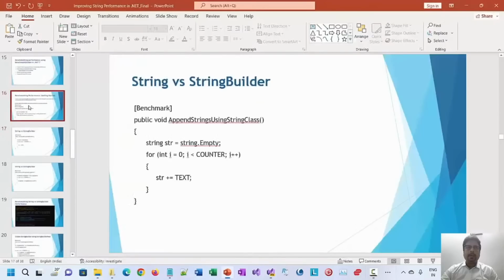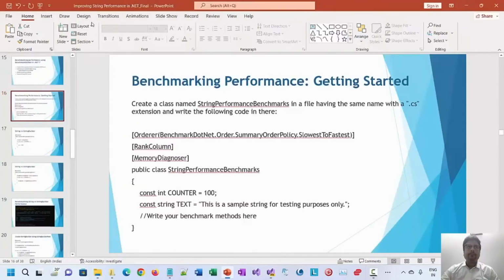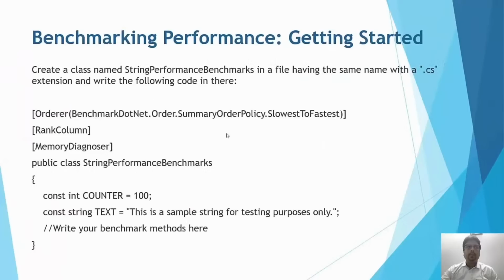Now let us go back to the class that we have created for benchmarking. The name of the class is StringPerformanceBenchmarks, and it is in a file called StringPerformanceBenchmarks.cs in our project. There are three attributes: Orderer, RankColumn, and MemoryDiagnoser.